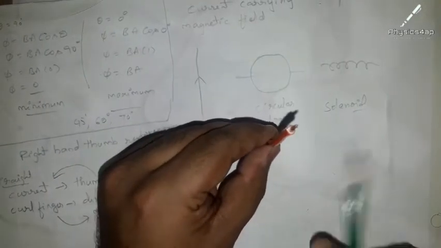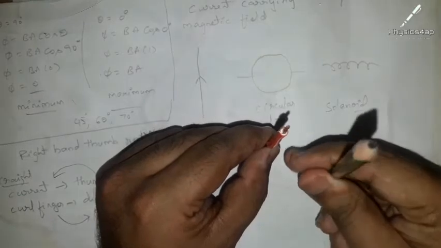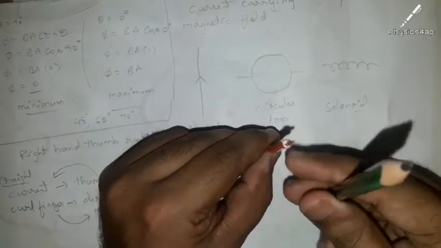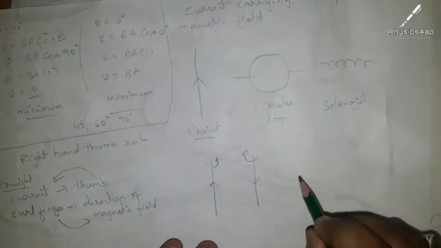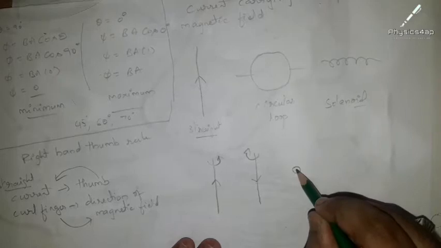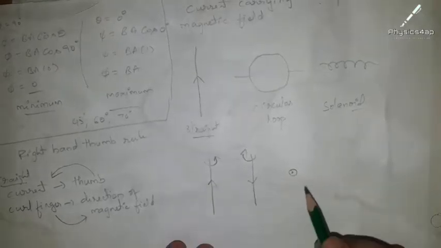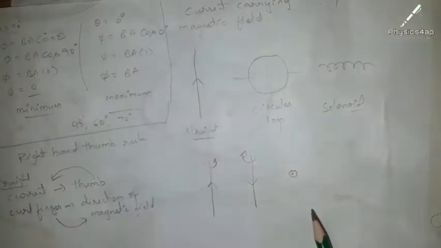So the current is traveling upward, that is towards your direction, as in the video which you are seeing. When the current is moving out of the page, we represent it as a dot. So this is the symbol for which the current is moving in upward direction.